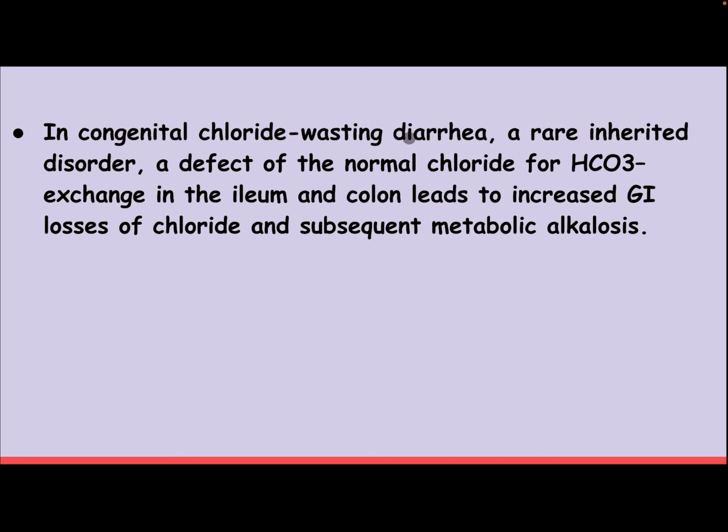In congenital chloride wasting diarrhea, a rare inherited disorder, a defect of the normal chloride for bicarbonate exchange in the ileum and colon leads to increased GI losses of chloride and subsequent metabolic alkalosis.